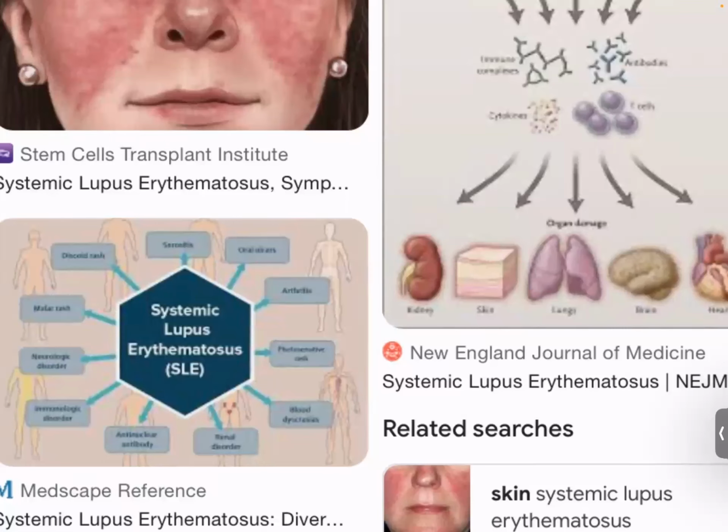The eye may be affected. The mouth, oral sores. There may be dysphagia, difficulty in swallowing related to esophageal dysmotility in case of systemic sclerosis.